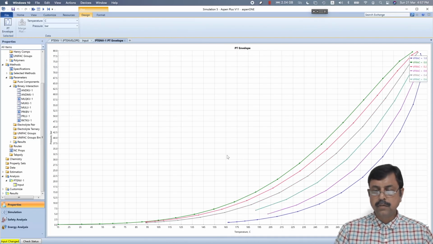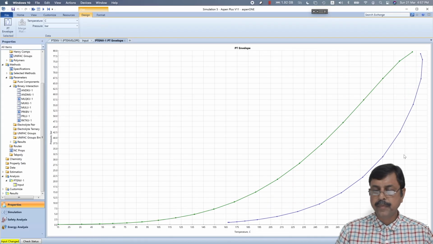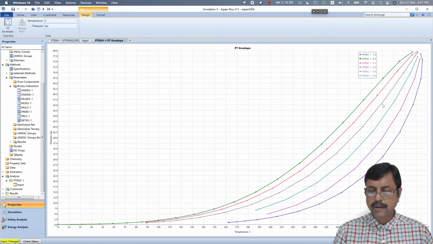Yeah. So we have few more lines like this. So we just shift it over here. Yeah. So each and every line, the legend is also given, so you can check the legend and find out which line corresponds to what.